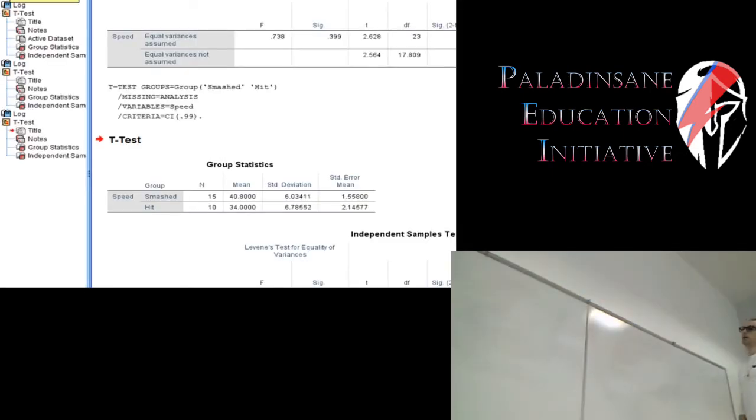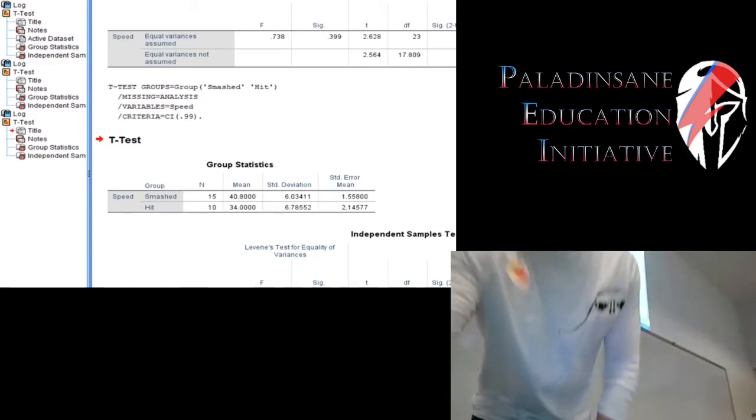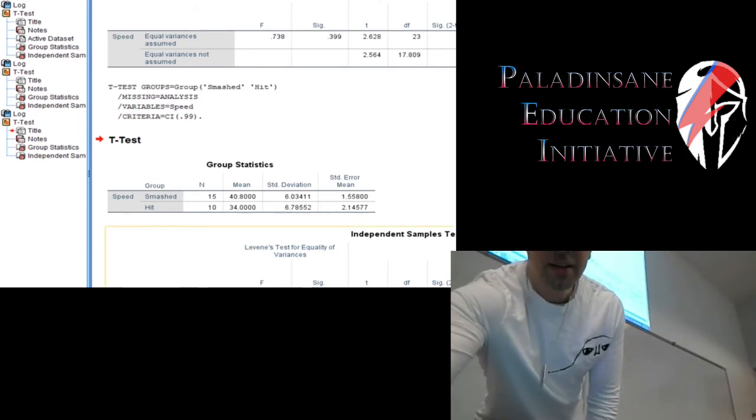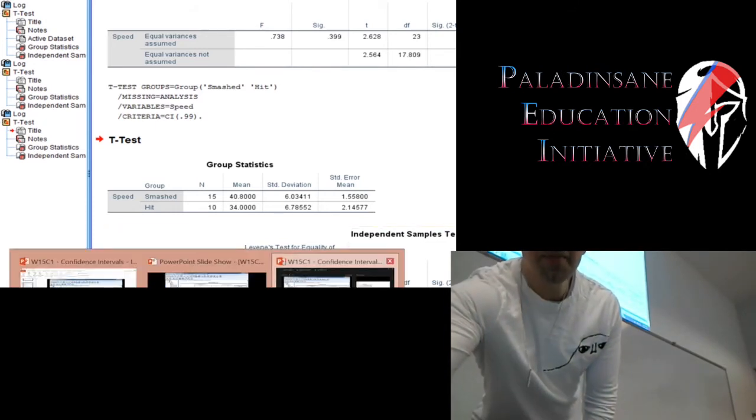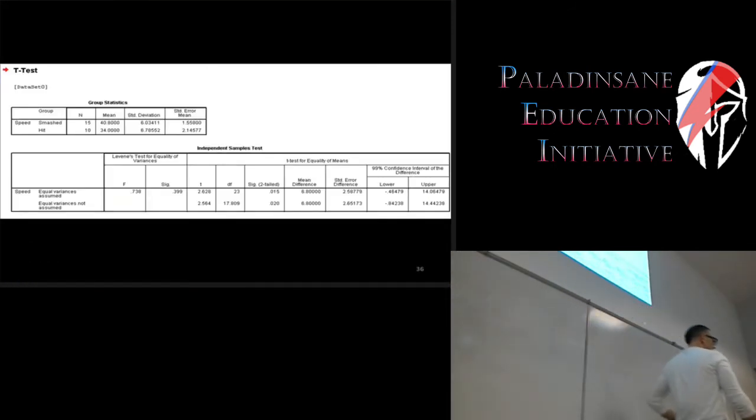So now it's time to find out where is the info that we need in order to complete this test. Okay, so what we're going to do is we're going to zoom in to the 99% confidence interval of the difference here.